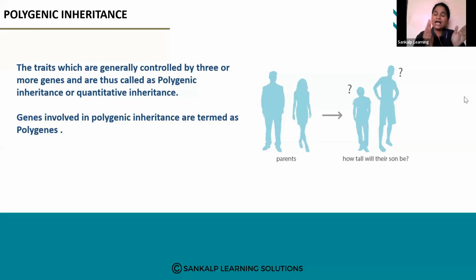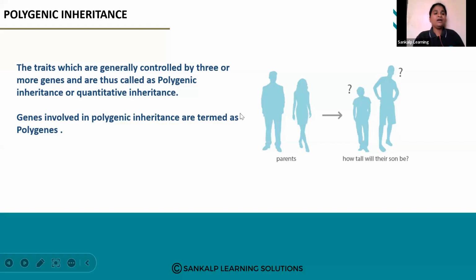So whichever character is controlled by 3 or more genes, that character is called a polygenic character. ಆ ಜೀನ್ಸ್ ಗೆ polygenic genes ಅಂತ ಕರೀತಾರೆ. And that will transfer to the generation. So that is called polygenic inheritance or quantitative inheritance.